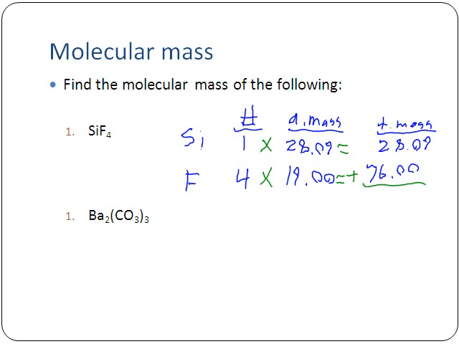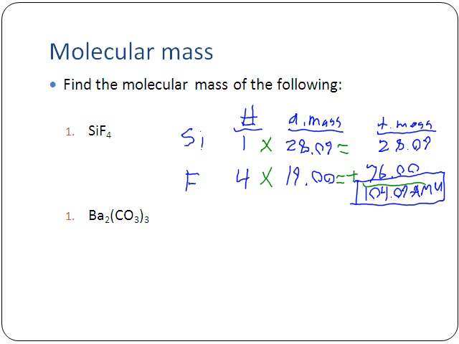So we would say 76 plus 28.09, and we get a total of 104.09. And the unit is going to be AMU. For right now, we'll find there actually is another unit you can use, but this is the one that we will have for right now. So 104.09 AMU would be what we have for the molecular mass of SiF4, silicon fluoride.